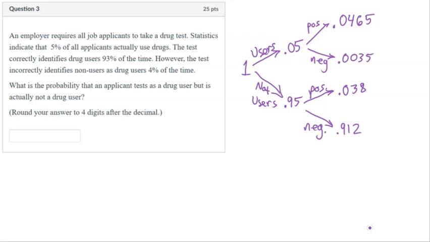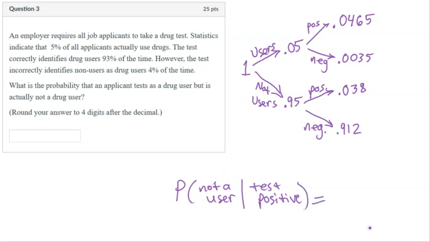And so now, what is the probability that an applicant tests as a drug user, but they're actually not a drug user? So again, this is the probability that they are not a user given that they test positive. So they tested positive, but they are not a user, okay?